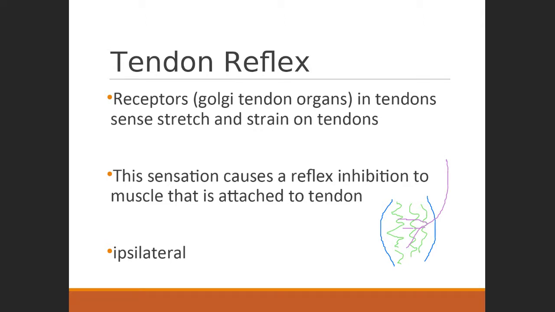So if we pick up a dumbbell and we start to curl it, stress goes through our bicep tendon and we start to pull on that tendon, stretching our Golgi tendon organs. If we stretch that encapsulated receptor, what's going to happen to those slack collagen fibers that we see in between? It's going to start to straighten them out.